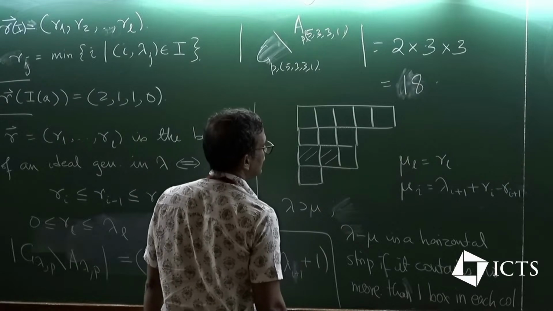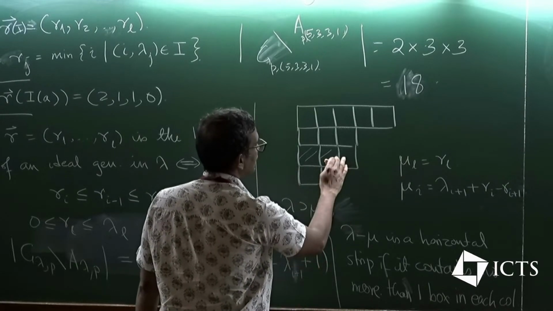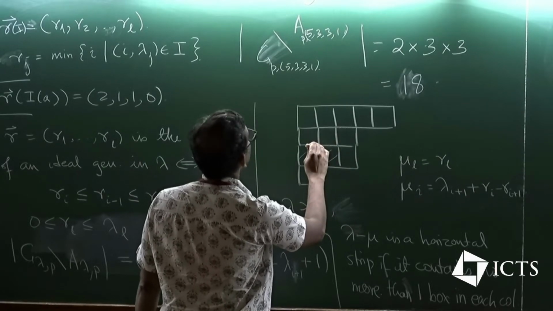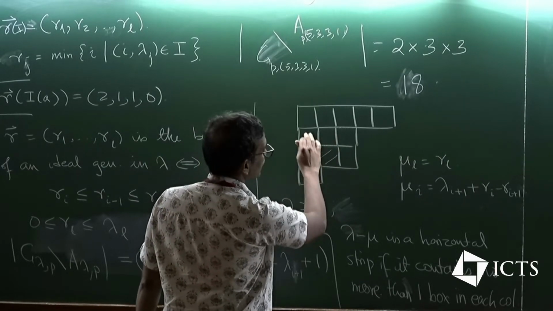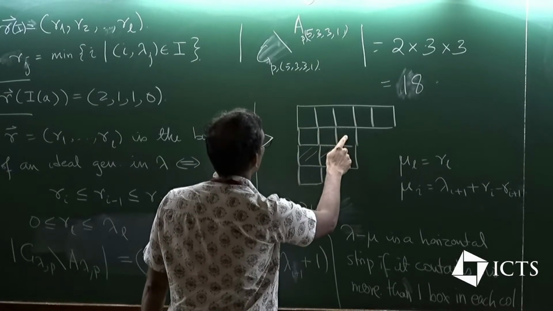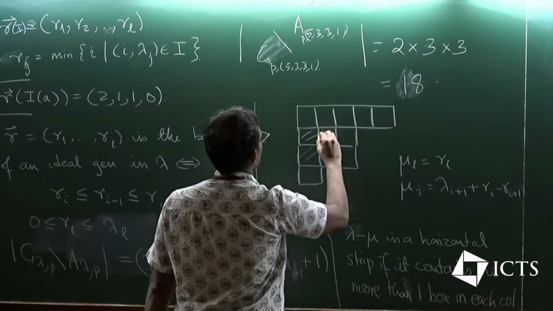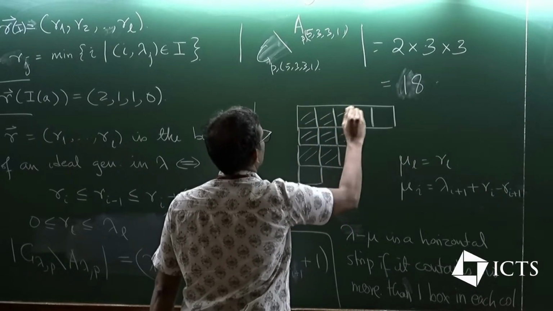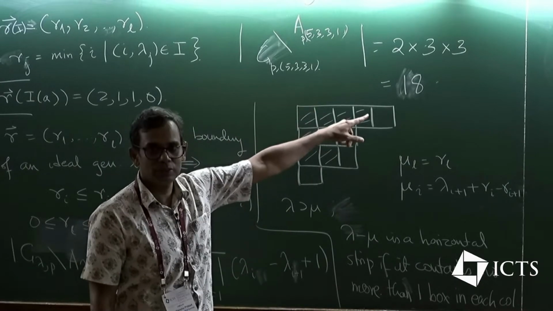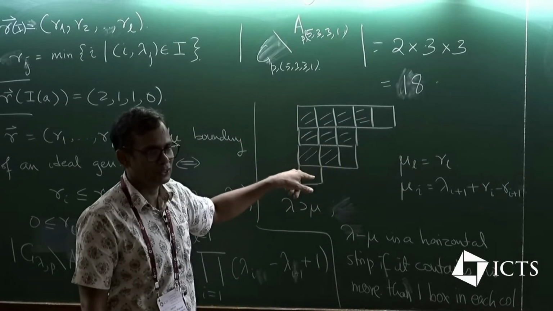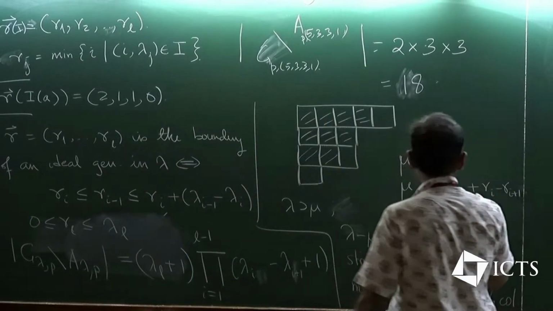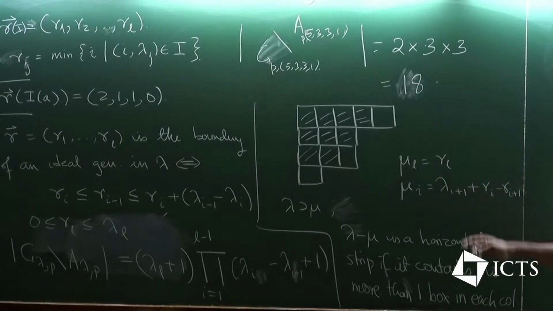Mu 3 is 3 plus 0, I guess. 2, 1, 1, 0, and then this is 3 plus 1, 4. So the shaded boxes are the partition mu. The total thing is the partition lambda. And you can recover r's from mu's by just reversing these equations.